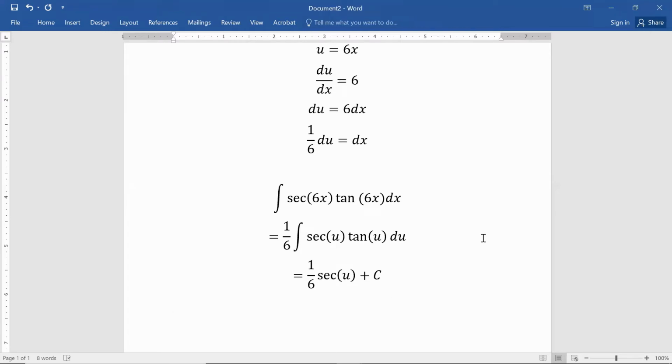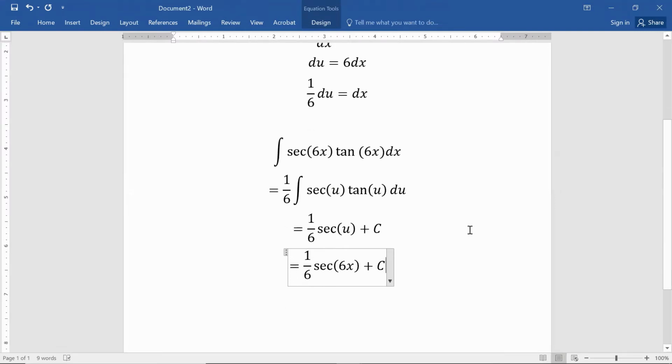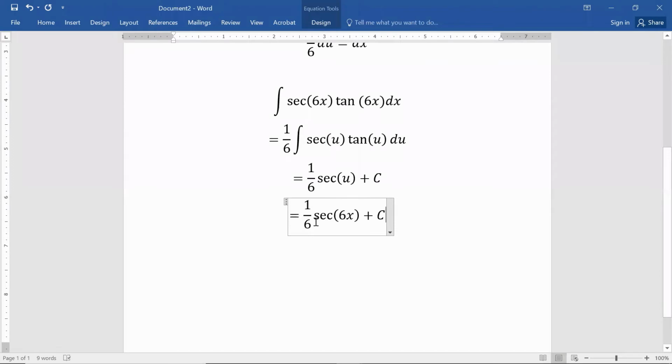Obviously, the u there came from 6x. So our final answer would be 1/6 times secant of 6x plus c. Again, that would be my final answer.